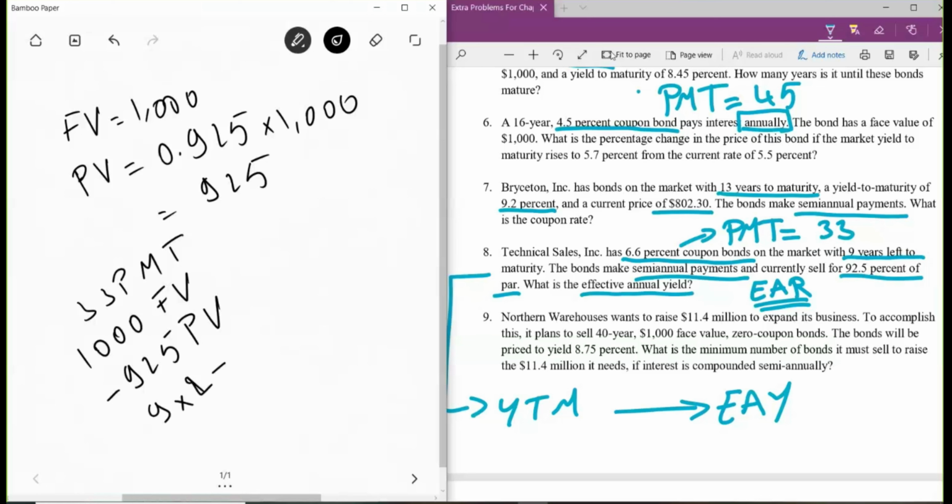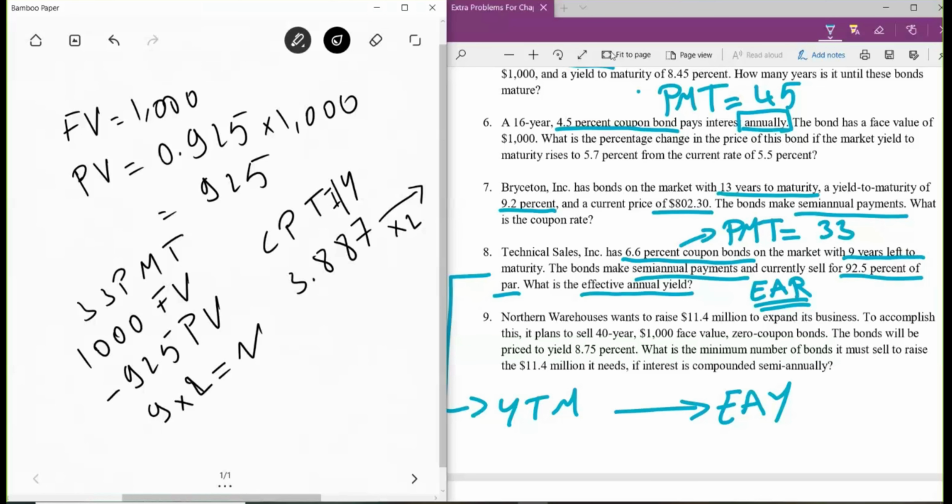So 9 times 2, 18, this is N. I compute IY. IY is equal to 3.887. Now, if I want to get the yield to maturity, I need to multiply this by 2.